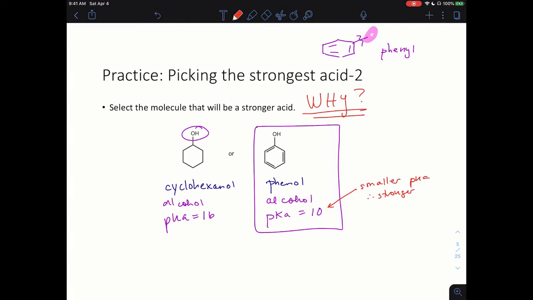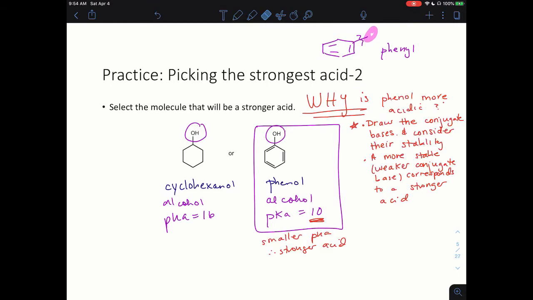Explain why phenol is a stronger acid, 1,000,000 times stronger acid than cyclohexanol. Now, it's still not a strong acid, right? It has a positive pKa, but it's stronger than cyclohexanol. I want you to pause and I want you to consider that question. I hope that you have some explanation in mind for why phenol is more acidic than cyclohexanol.